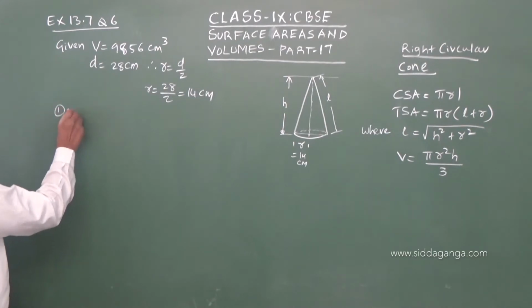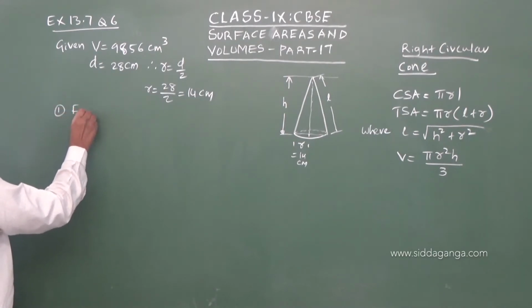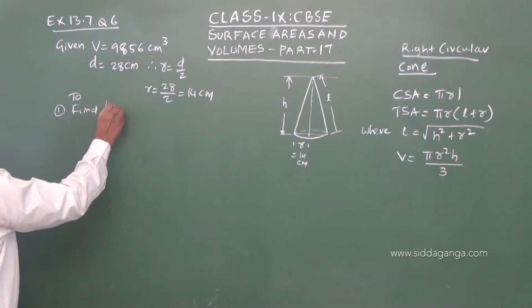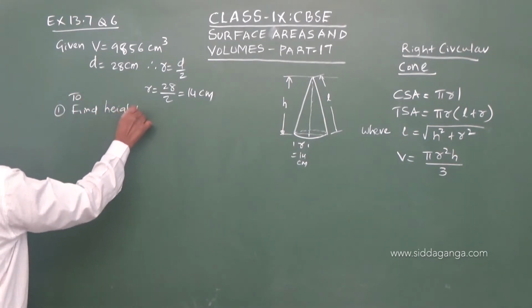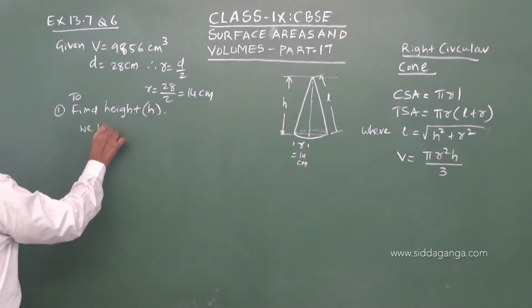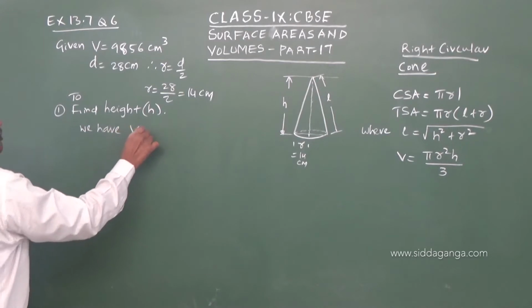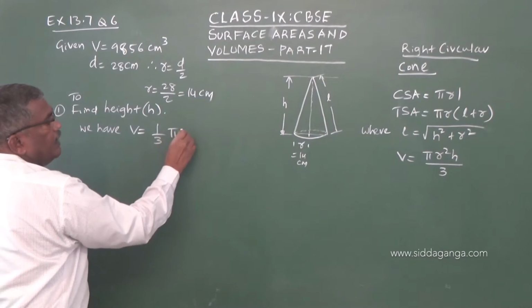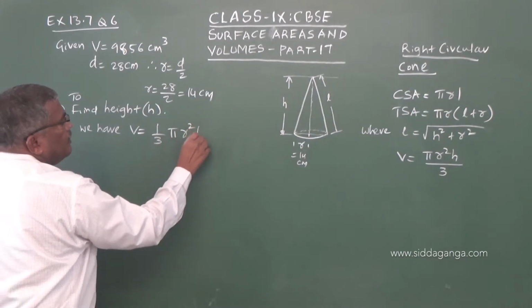To find the height h, we have volume is equal to 1/3 of pi r square h.